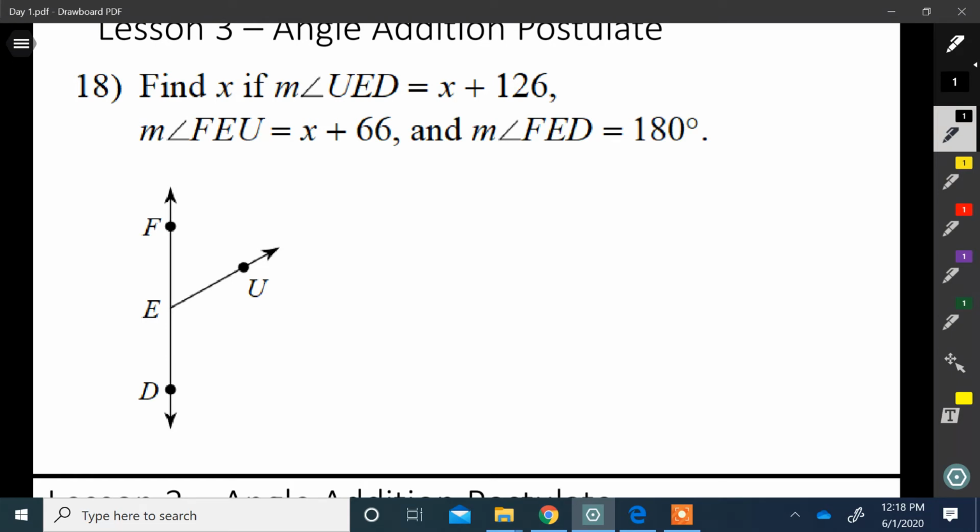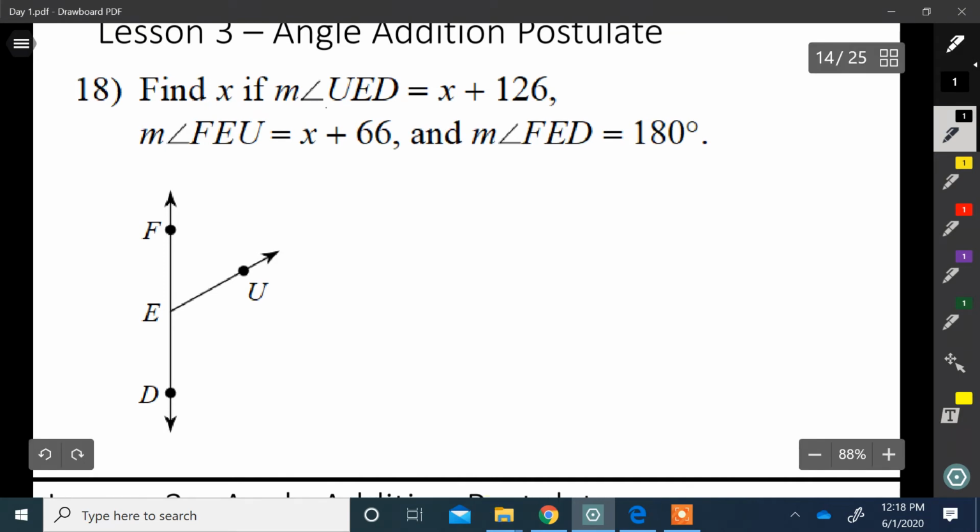All right, so we need to find x. We have UED, so U, E, and D. That's this angle right here. So UED is x plus 126. Okay? All right, let's do the other angle.